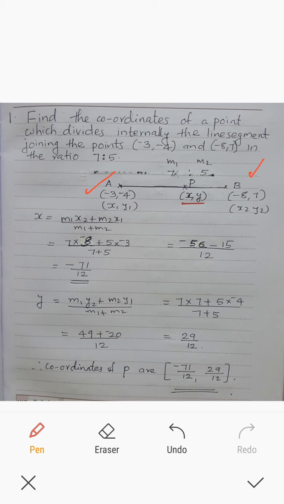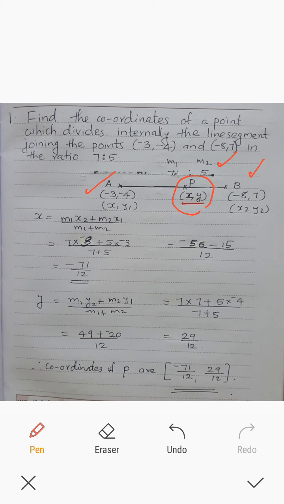Coordinates of A are (-3, -4) and coordinates of B are (-8, 7). And the third measure is the ratio of division, m1 is to m2. That is also given. So certainly using all these measures we can find the fourth measure, the coordinates of the point of division.